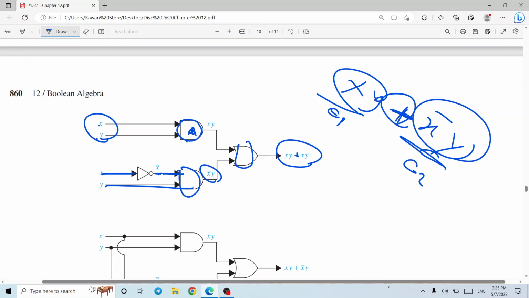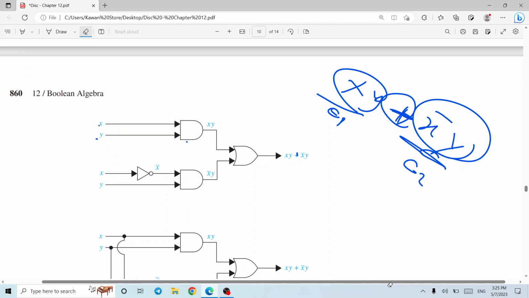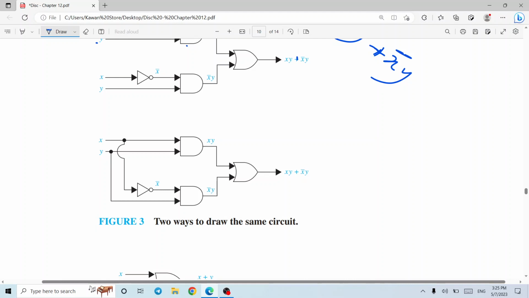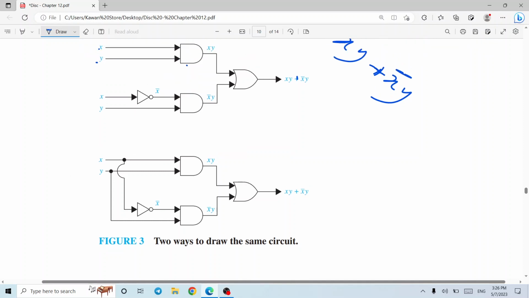Am I right? Or maybe the other student used the short path. What do you mean by short path? You can see from here, he used one input but got the same result. How many inputs here? How many start points? 4.